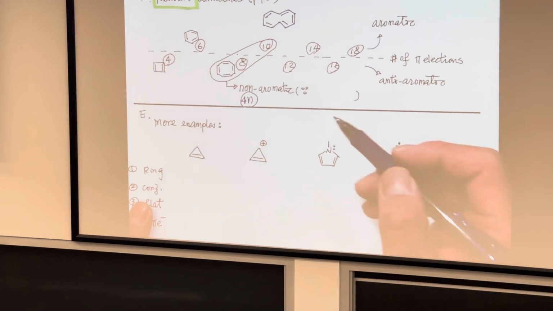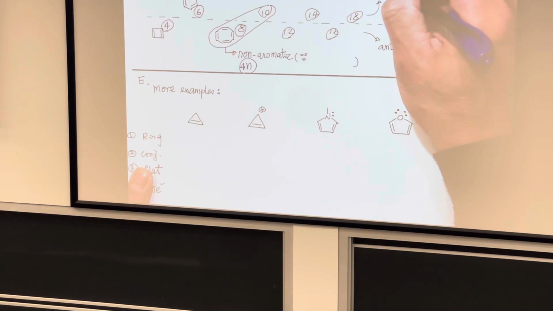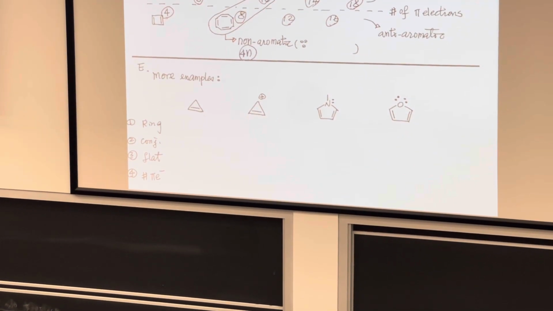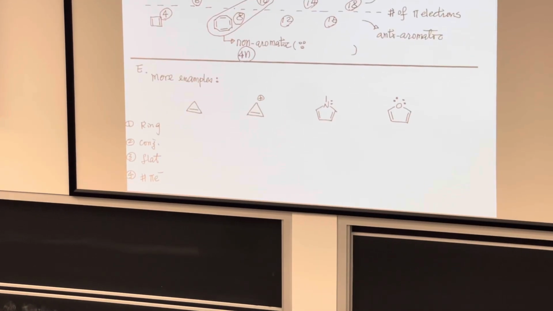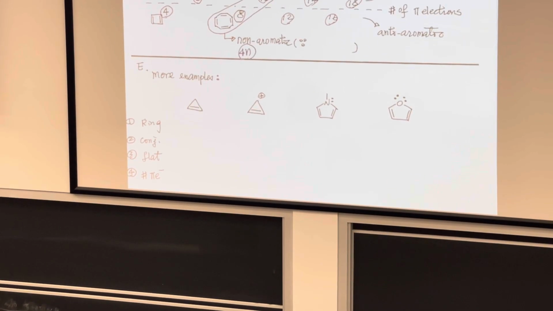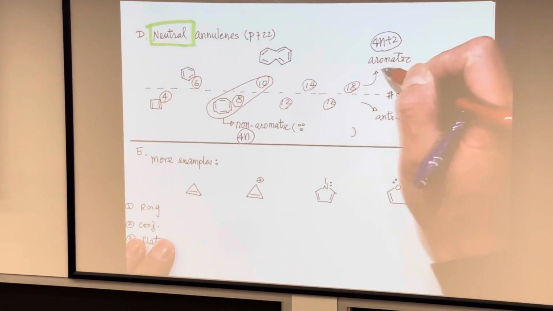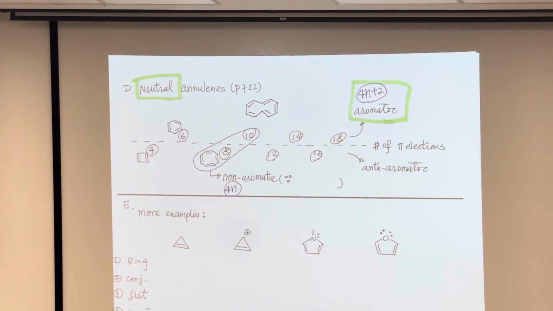How about above? Those we have 4N plus 2. If we assume everything is flat, then those molecules above the dashed line are aromatic.